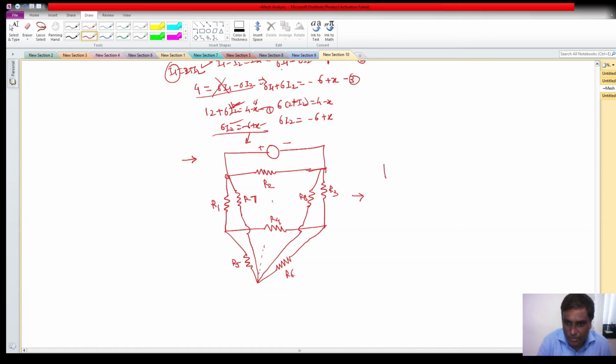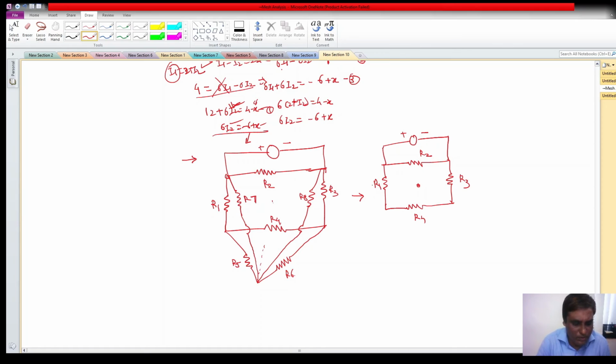Previously how was the circuit? This, which was R1, R2, R3 and R4. There was a voltage source present here. Now I am bringing it like this, and this is the point I brought here.